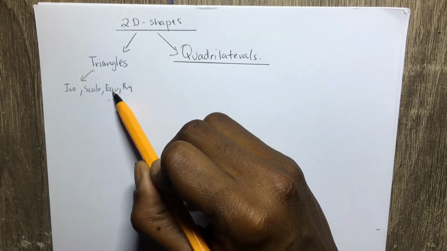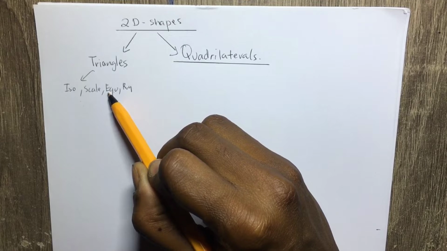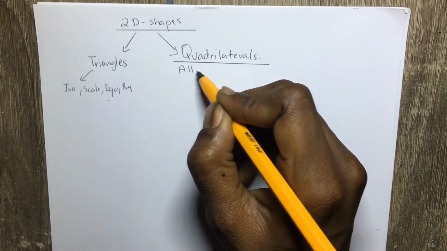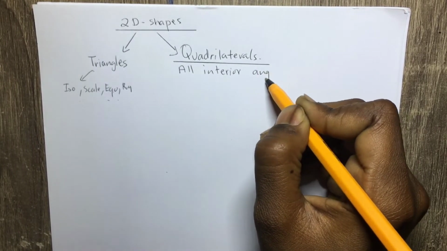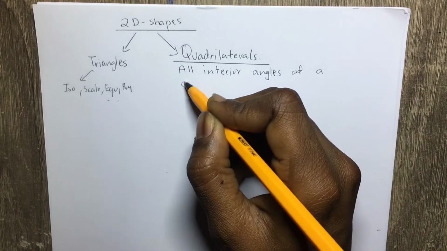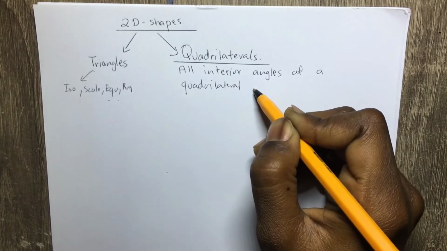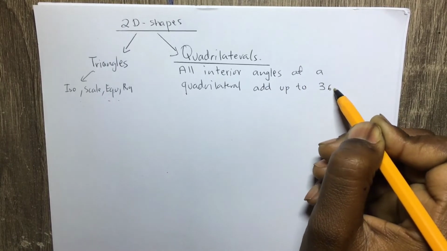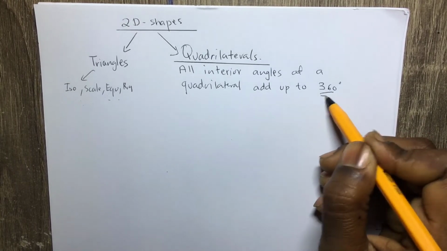We know that in a triangle, all interior angles add up to how much? 180. So in this one, the interior angles of a quadrilateral add up to how much? 360.